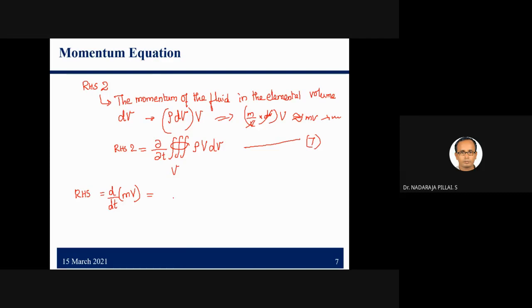That is equal to double integral over s rho v ds into v plus dou by dou t of triple integral over volume v into rho v dv. I always mention the volume like this and velocity directly like this. So let us say this is the 8th equation.